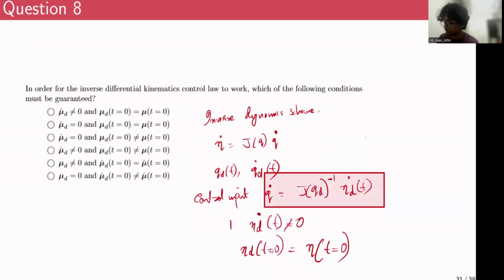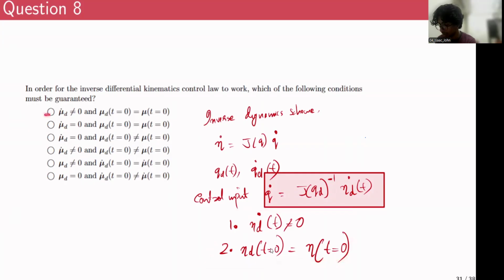So these are the two conditions for the inverse differential kinematics to work. I think in the options, instead of eta, I've used mu. But which of these options conform to these two conditions?